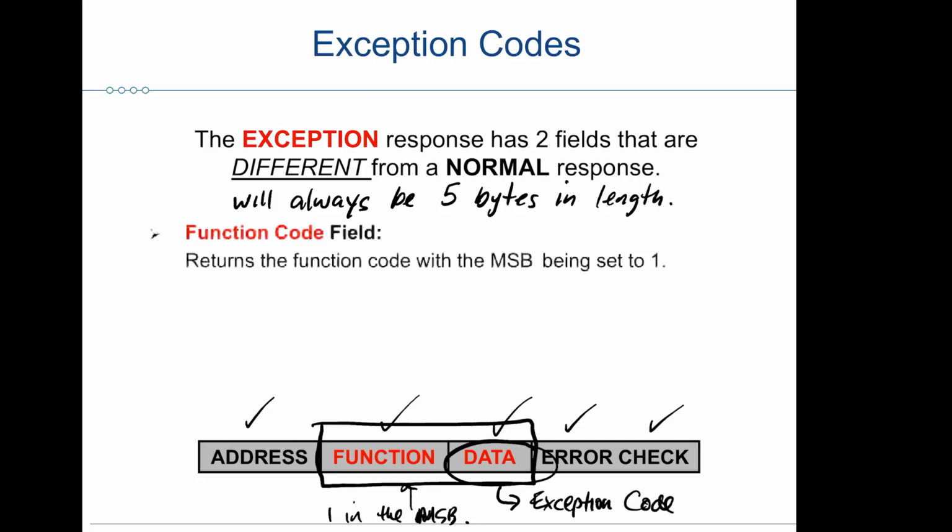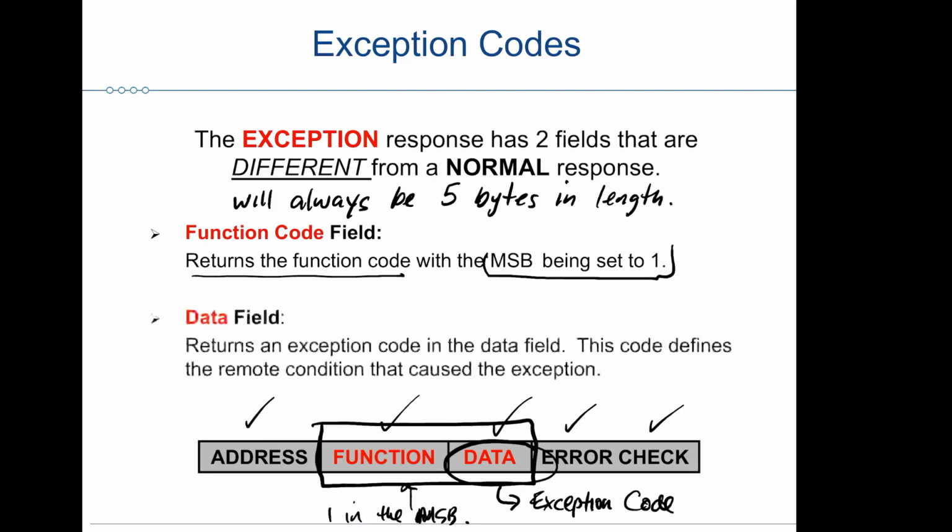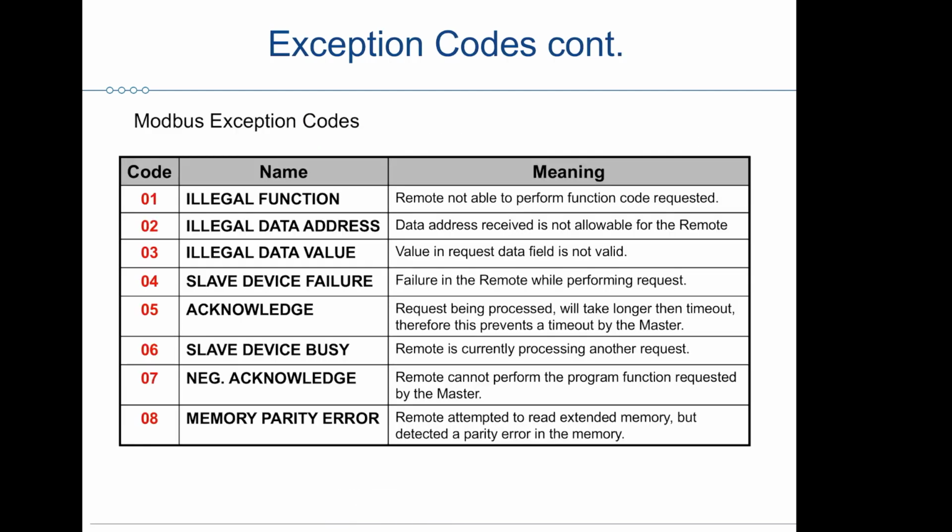So it returns the same function code, but it puts a flag in there, and it flags it by setting the MSB to 1. The data field returns the exception code. So this is where students often make a mistake. They want to combine the exception code in the function field. That's not the case. It's the data field that contains the exception code.